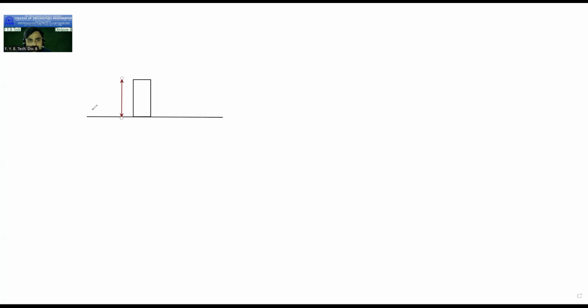Further, they say that the sphere is thrown from the top of the building, 25 meters above the ground, with an initial velocity of 18 meters per second. So from the top of the building, this sphere is thrown vertically upward.